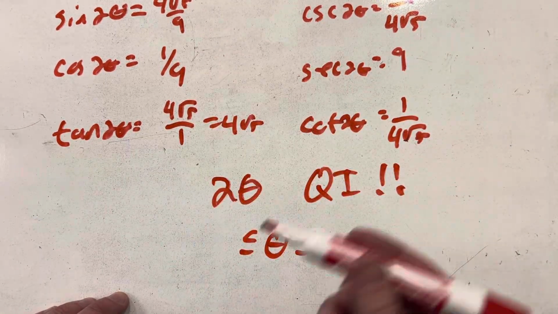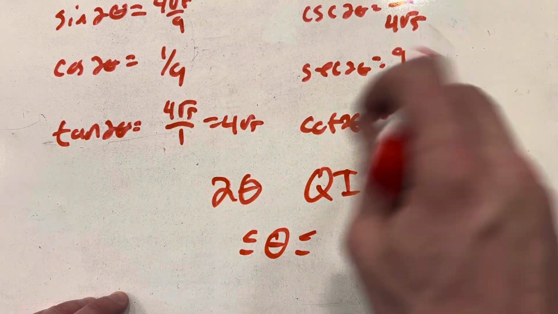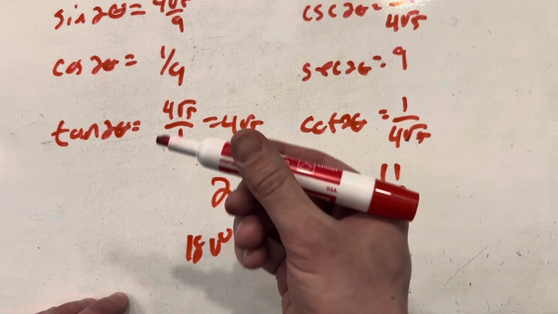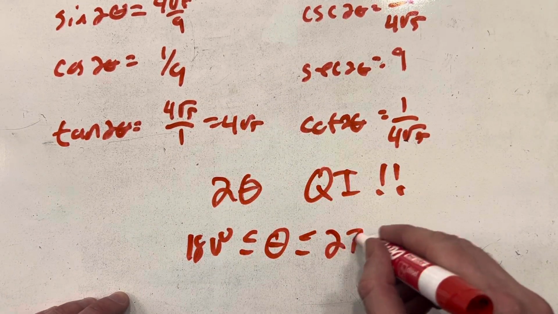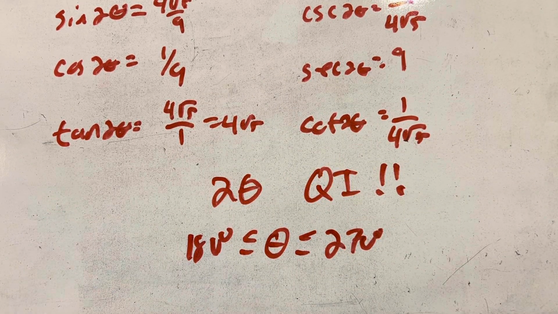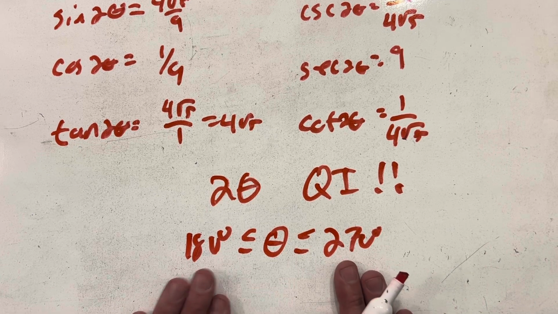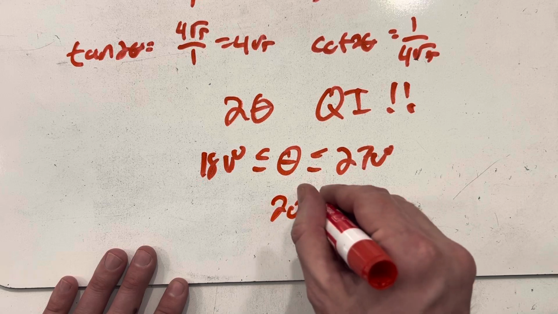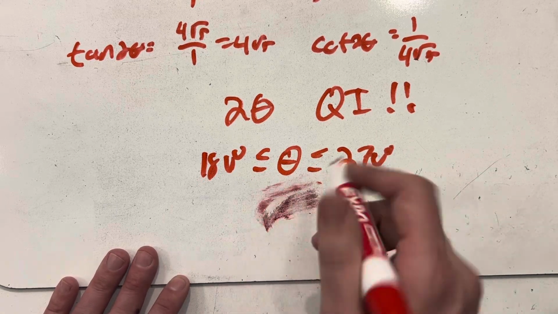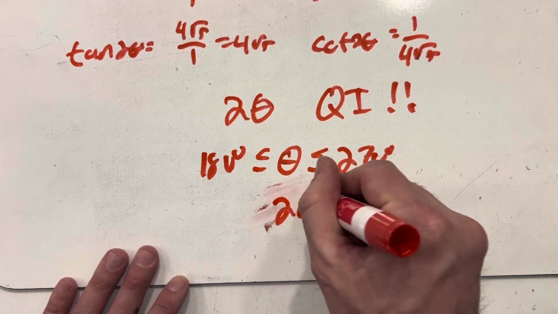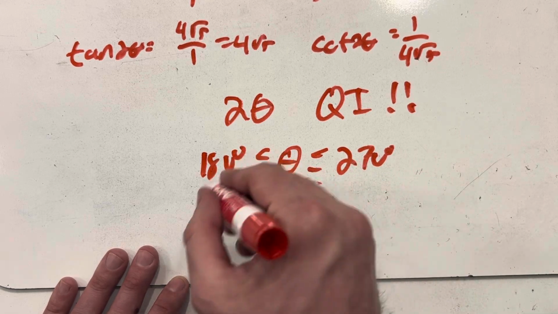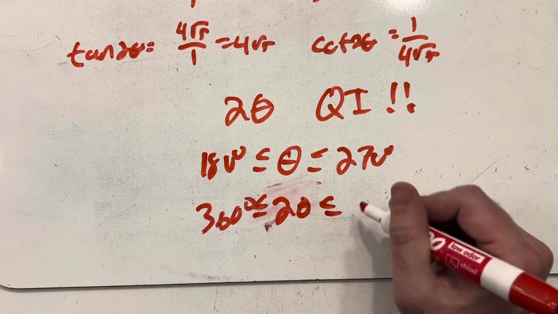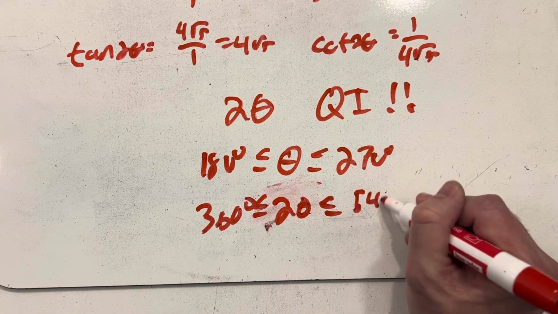If I'm thinking about that first revolution around the unit circle, I'd start at 180 degrees, right? And then I'd be rotating to 270. Well, if theta is between those two angles, 180 and 270, 2 times theta is going to be between 360 degrees, just multiply that by 2, and 540 degrees.